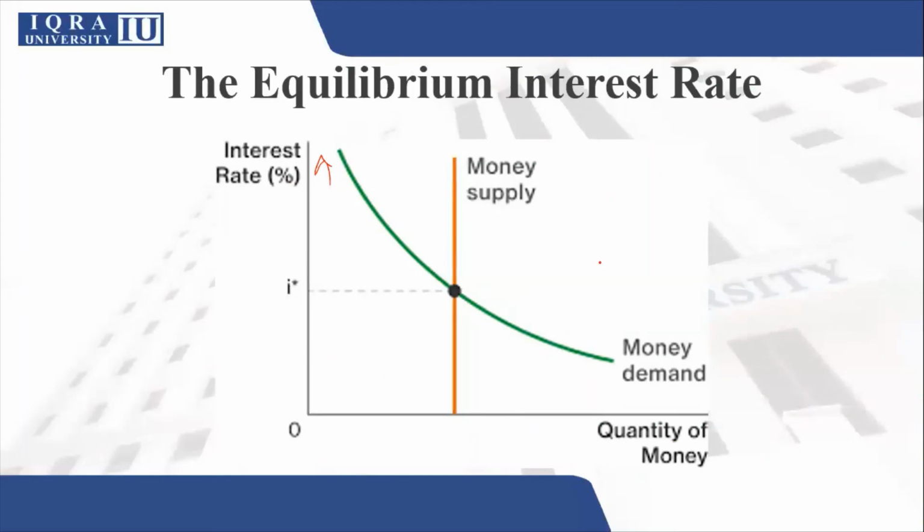Now over here you have the money supply. Where the money supply intersects the demand curve, where supply and demand are equal, that is your equilibrium interest rate.